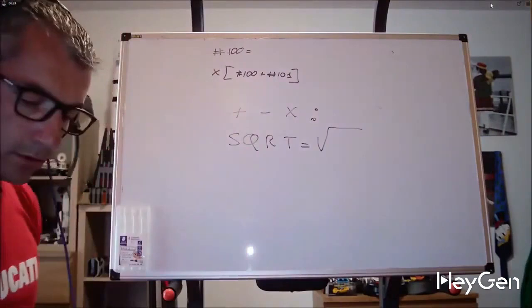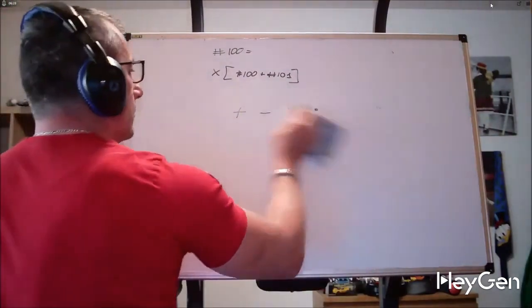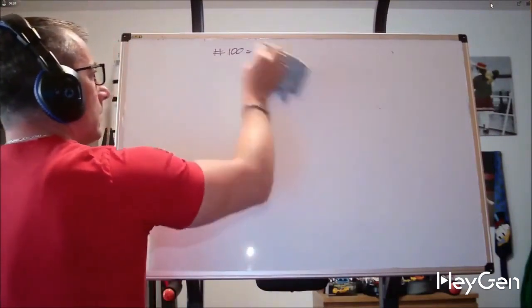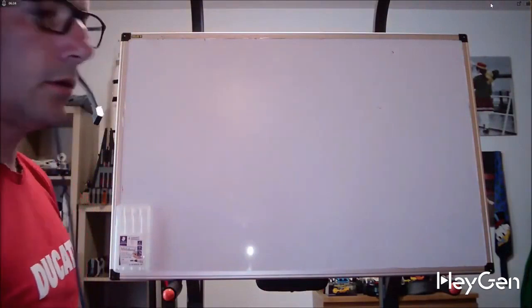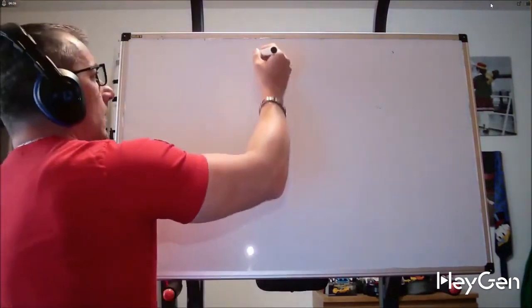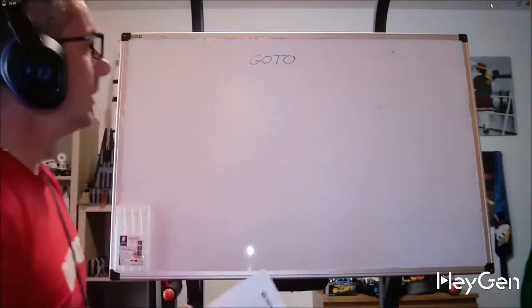So let's talk now about conditional and unconditional jumps. An unconditional jump is normally defined by go to in English.